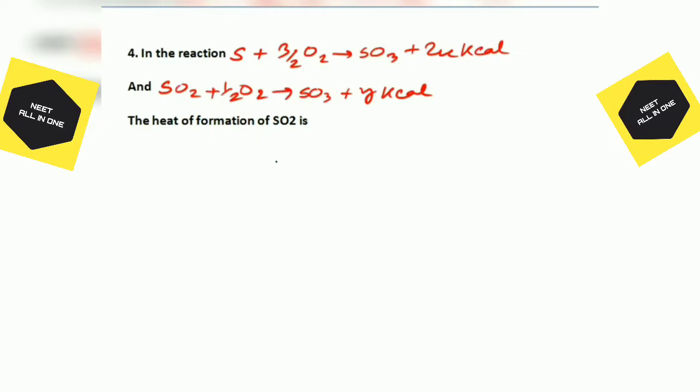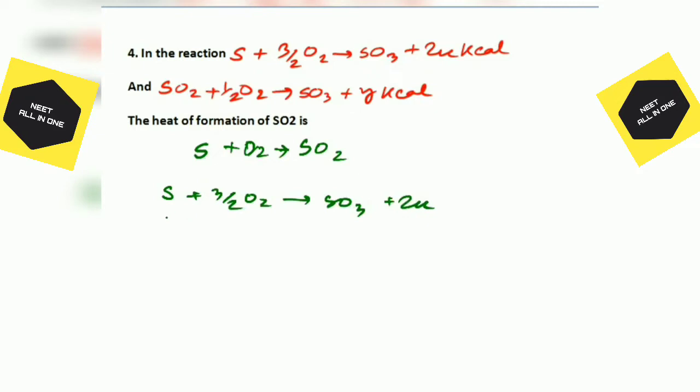We need the heat of formation, so you have to know the formation equation of SO2, that is S plus O2 equals SO2. So we write the two equations like this: SO3 plus 2x, and here also SO2 plus half O2 gives SO3 plus y.